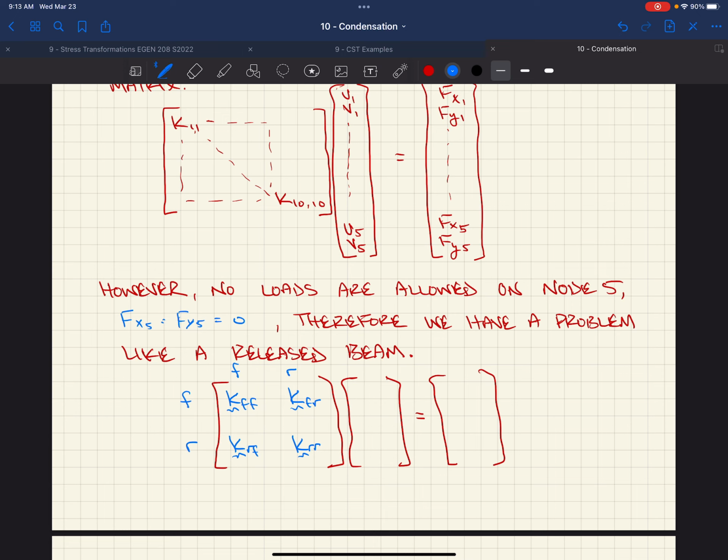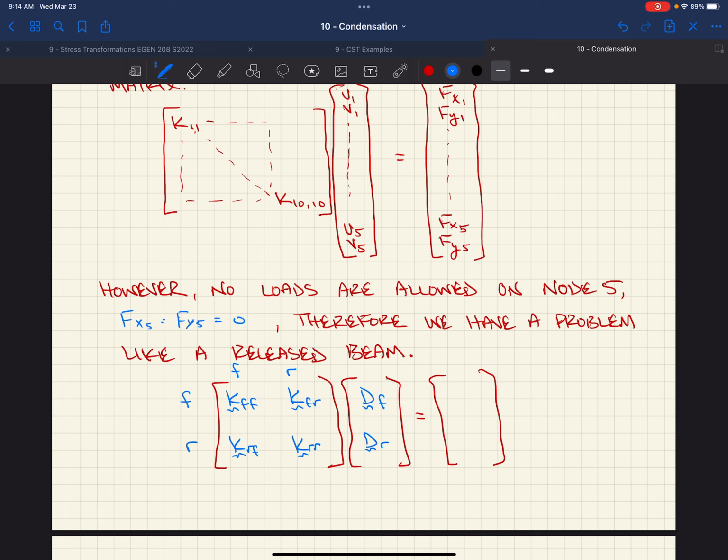When we partition this and we rearrange our stiffness matrix to incorporate these fixed and released degrees of freedom, we also rearrange our displacements, right, in the fixed and displacements in the released, right? And again, all back to our fundamental equation, right? We have force equals stiffness times displacement, right? F equals KD.